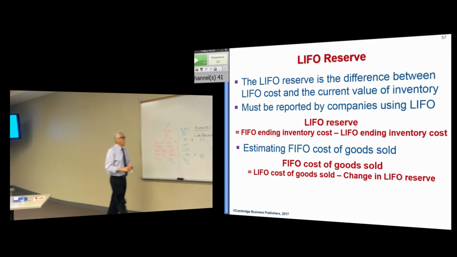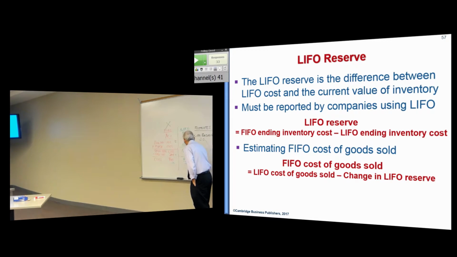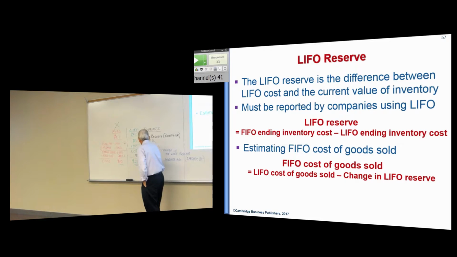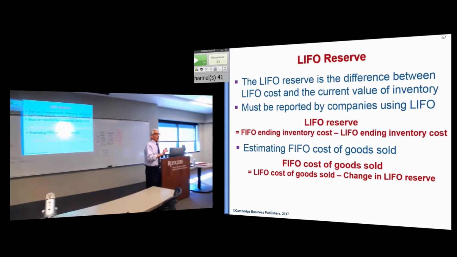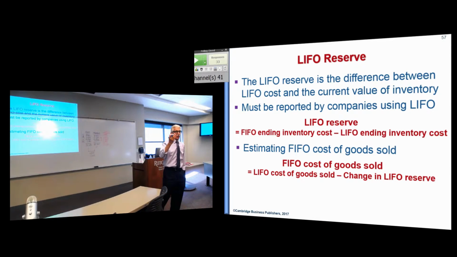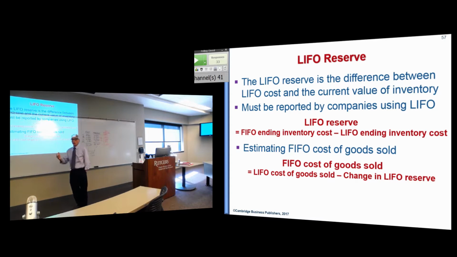So when you take the LIFO COGS and subtract out the change in the reserve, you get the FIFO cost of goods sold. The FIFO cost of goods sold is equal to the LIFO COGS minus the increase in that reserve. And based on those disclosures, that's how you're capable of converting a LIFO company back to FIFO.